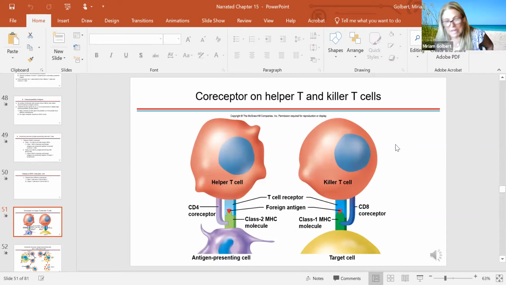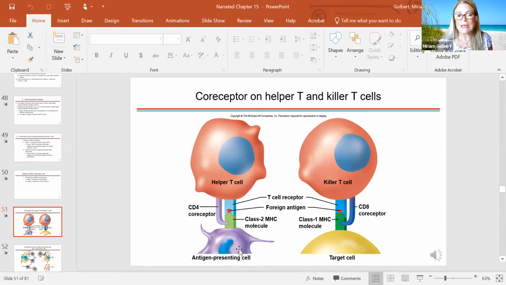So what are the core receptors in the helper and killer T cells? The receptor that we have on the helper, we mentioned, is a little protein that is called the CD4. And then in the killer T cell it is the CD8, right? So we come already with these little receptors. This helper T cell is going to recognize the foreign antigen on any cell that is presenting the antigen.